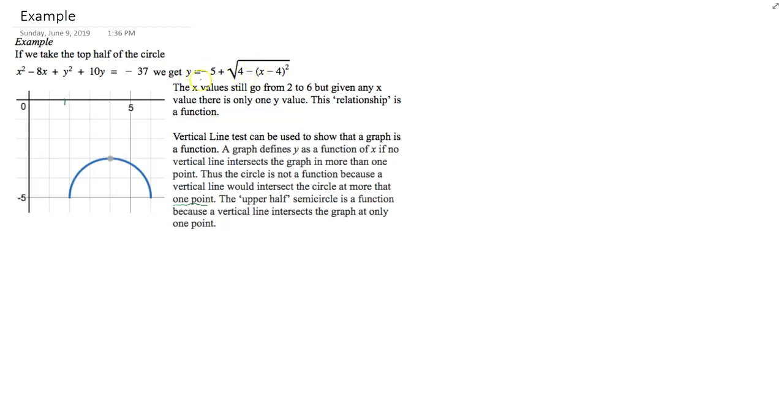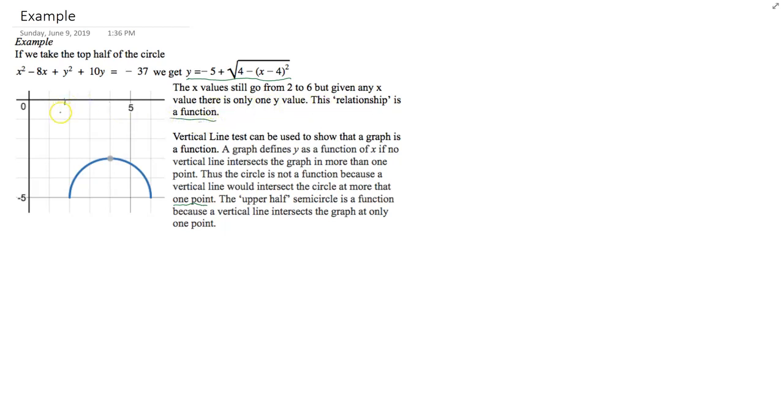So look at an example where this happens. If we consider the half circle, y is equal to negative 5 plus radical 4 minus (x minus 4) squared, that is the upper half semicircle or upper top half circle, right? This relation is a function. Why?